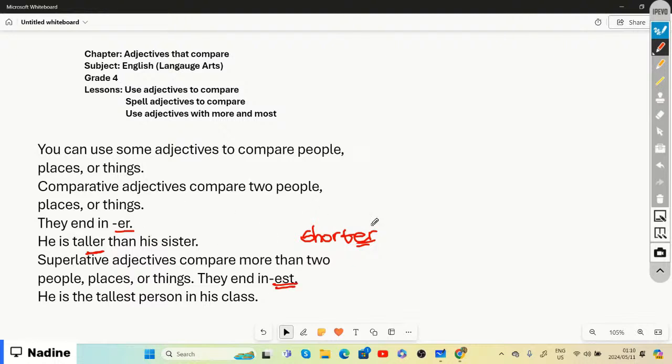We made an example and said that yes, he is tall, but he is taller than his sister. But if we compare him to two or more people, or to the rest of the class, then we can say he is the tallest person.